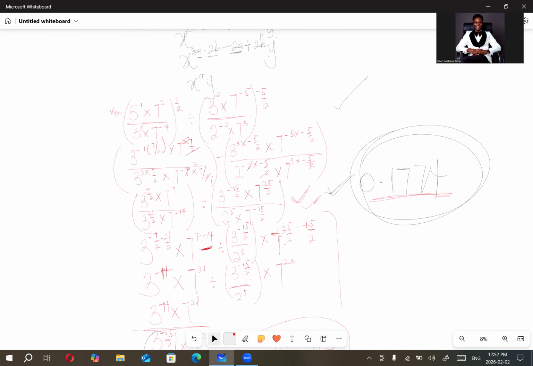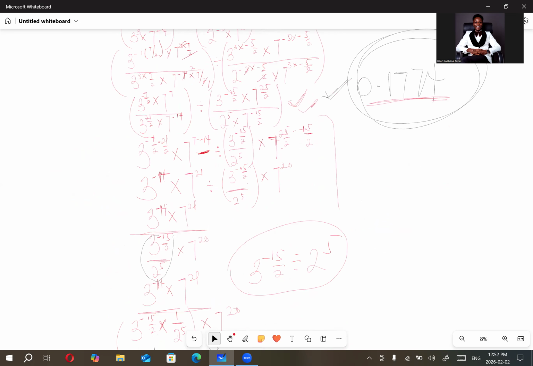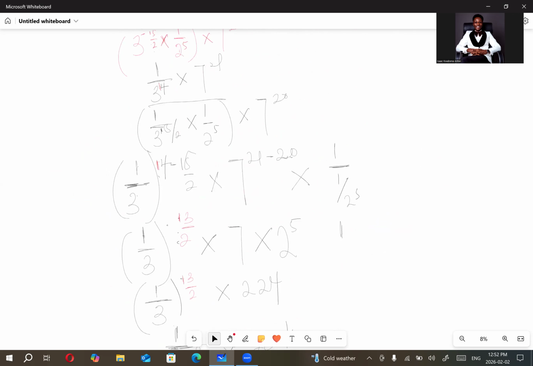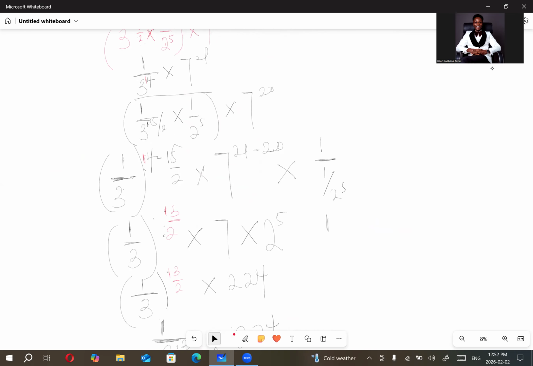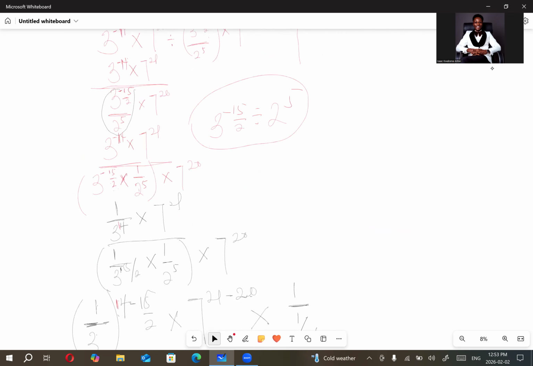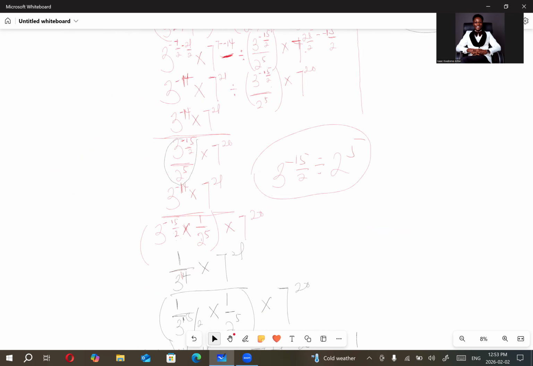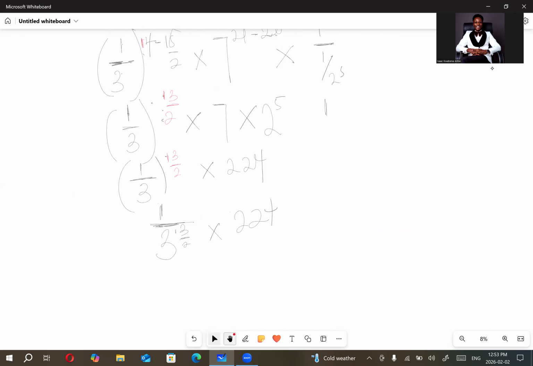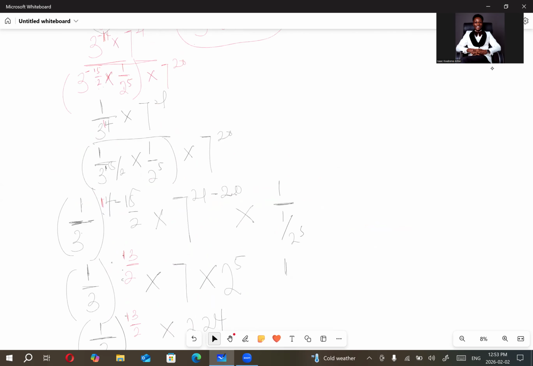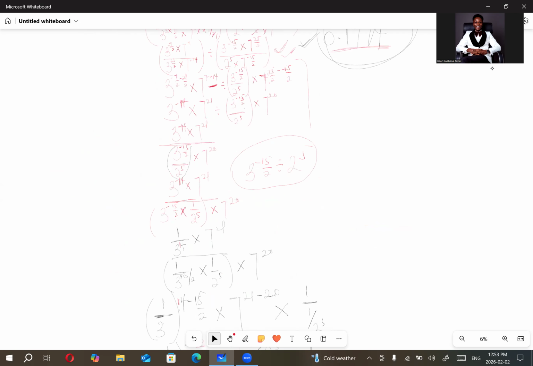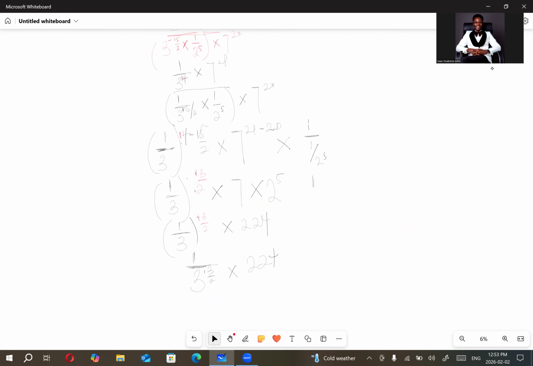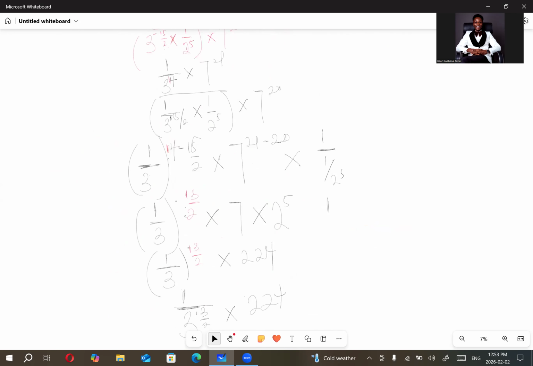It expects us to apply the laws and rules to simplify to the lowest form, right? So, knowing there's a final answer, I just applied indices to a point where it can no longer be solved. So I arrive at this stage. At this stage, when you punch it on the calculator, you get the same decimal, right? But you can't apply any rule again to reduce this. So this becomes a final answer.